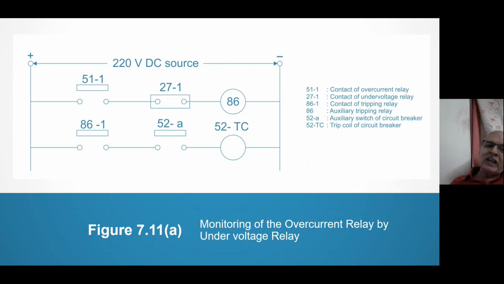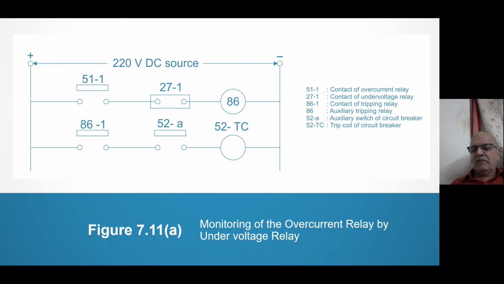When a fault occurs at night, the fault current is less than load current, so 51 1 will certainly close and voltage has collapsed. Therefore, 27 1, that is the under voltage relay, will de-energize. 27 1 will also close. 86 will be energized and the breaker will trip the line when the fault occurs. Fault current is less than load current.